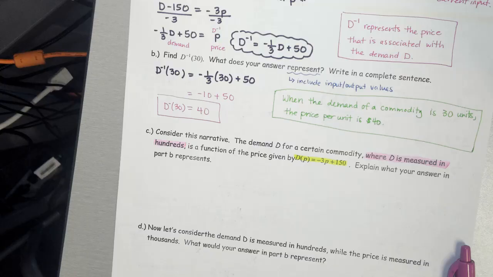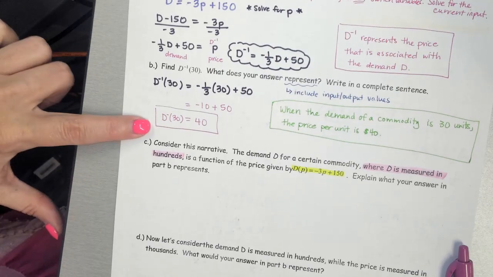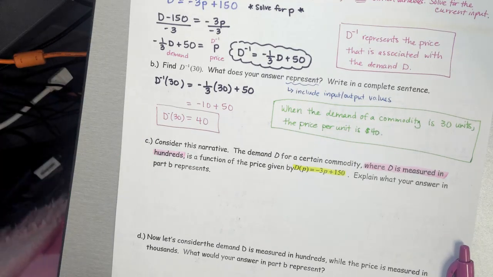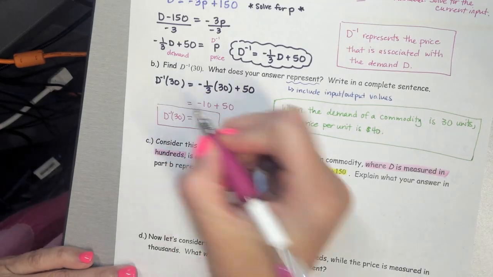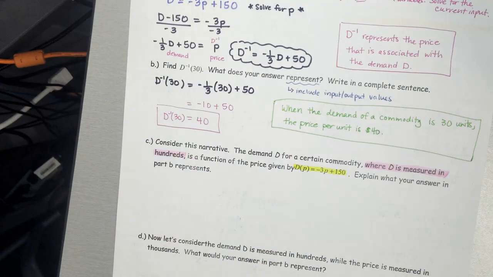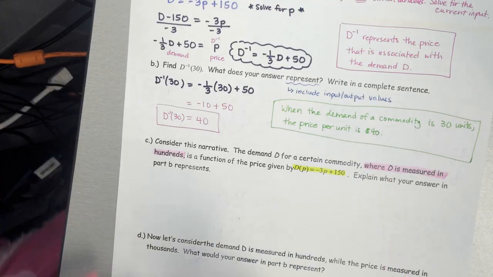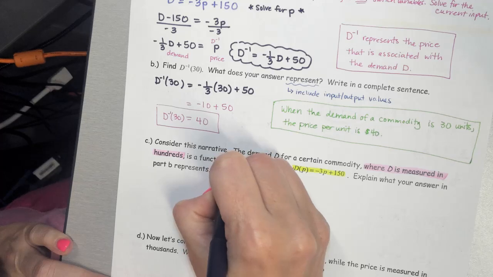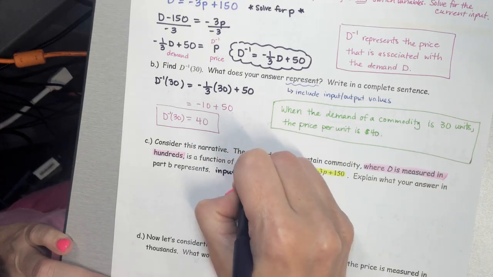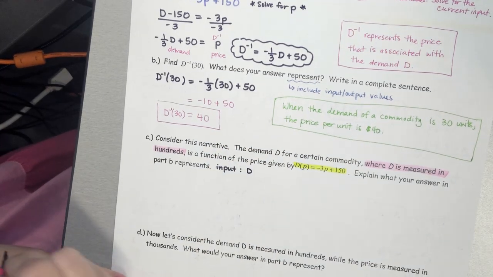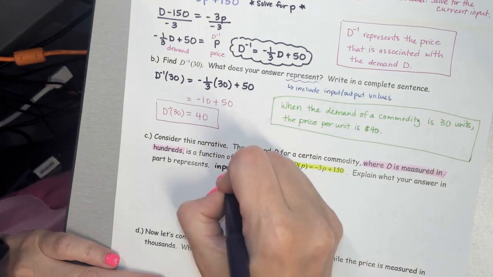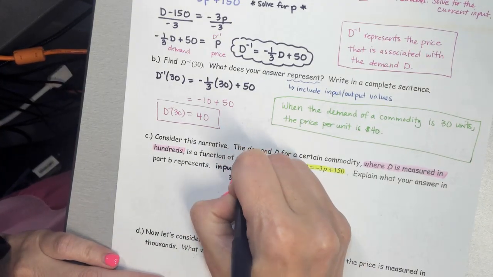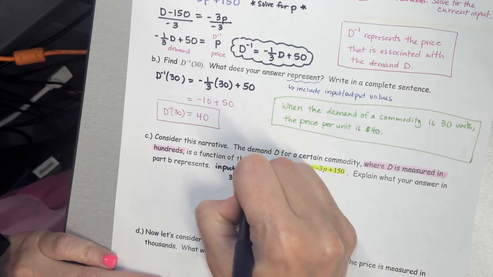So for part B, I didn't put my little negative 1 there. I have my inverse of 30 is equal to 40. In this case, if the input, D, is measured in hundreds, then we're going to have to do 30 times 100.